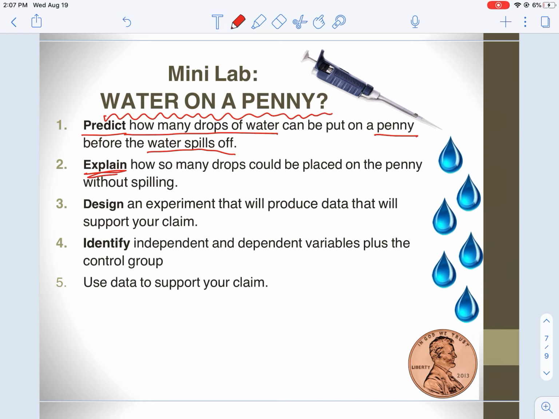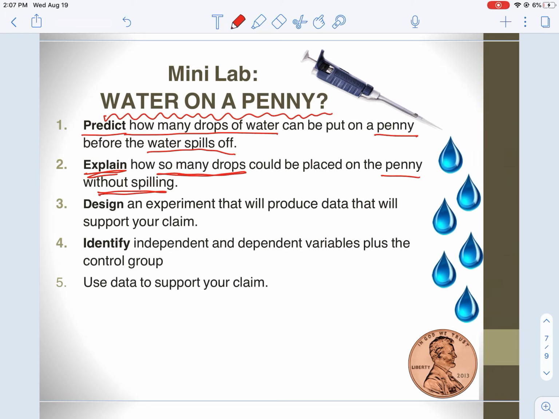Okay, and then we're going to explain how so many drops of water can stay on our penny or quarter without spilling over. Again, this is complete sentences. This one should be a few sentences long. This is a good explanation. I want you to use some of the vocabulary and terminology we've been looking at in our notes.